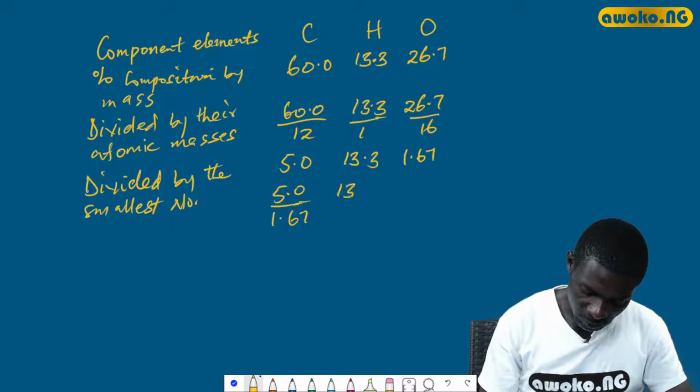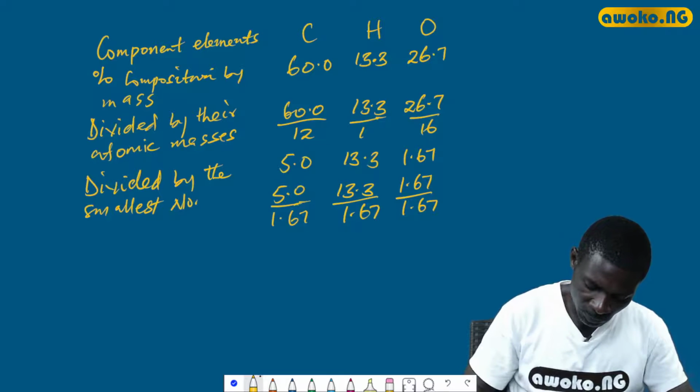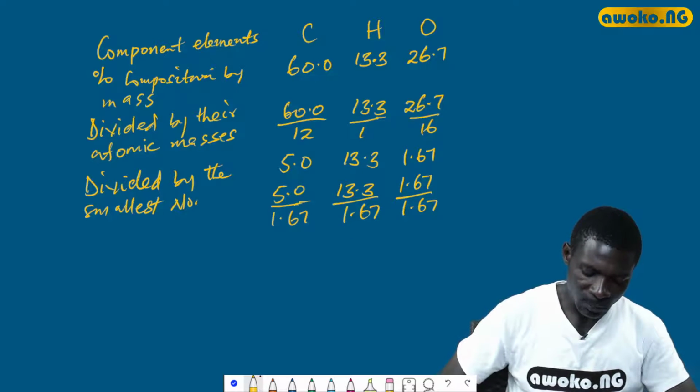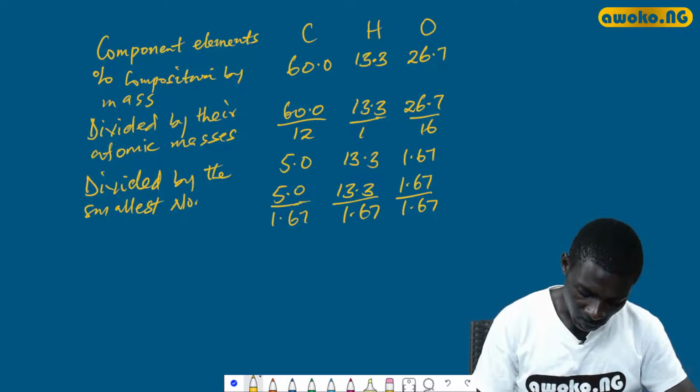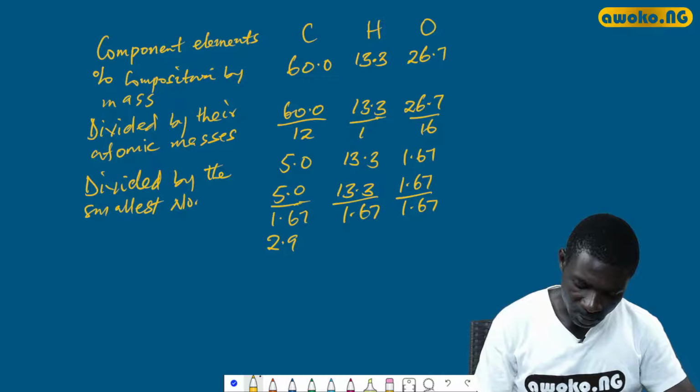Here we have 13.3 divided by 1.67. And here we have 1.67 divided by 1.67. Of course, 5 divided by 1.67 will give us 2.9, while 13.3 divided by 1.67 will give us 7.9, and this will give us 1.